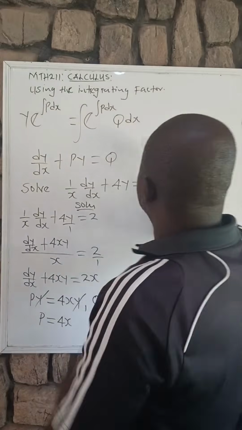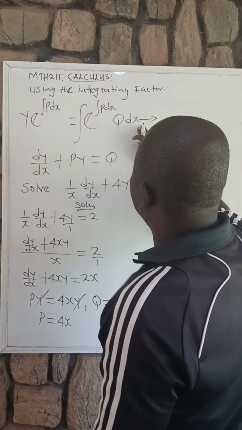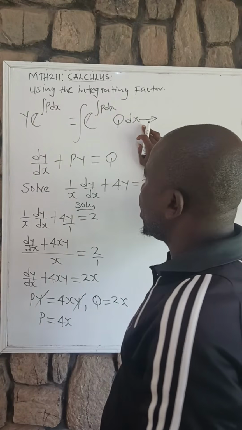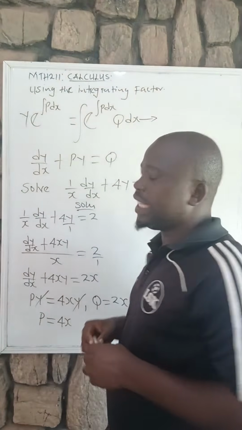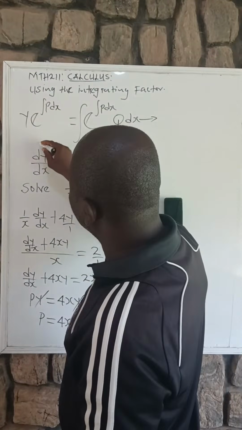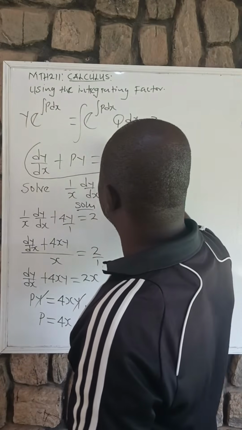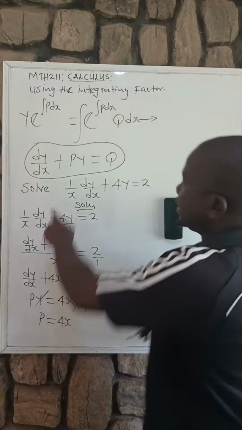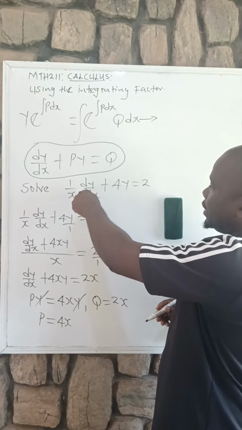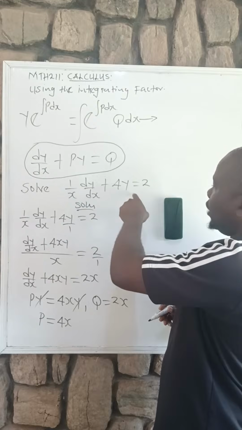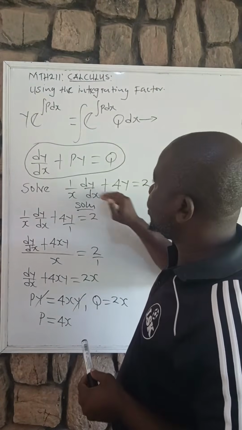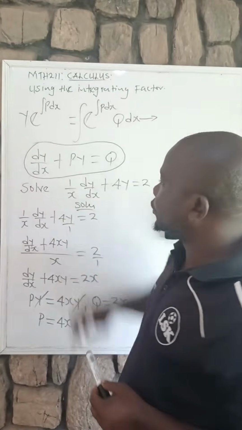You understand that this is the formula for the integrating factor. For you to use the integrating factor, your differential equation must always be in this form. But look at it. We have a question here: solve 1 all over x dy over dx plus 4y equals 2. Looking at this, the equation is not in this form.